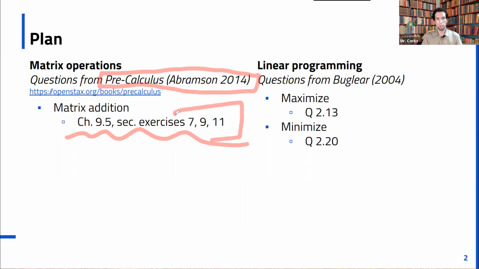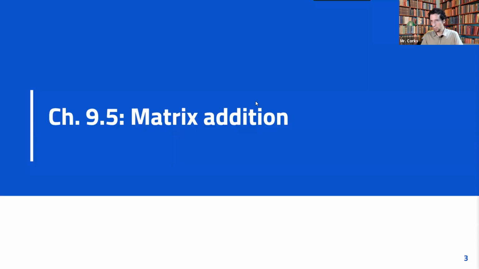So these 3 questions here will not take very long. And then a maximization question about houses and a minimization question about feeding pigs, pig nutrition is the topic. Okay, let's get on with these.